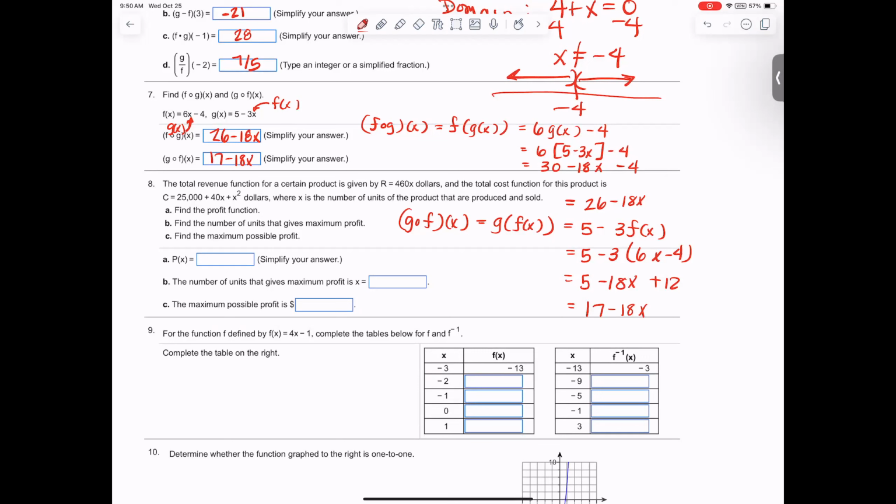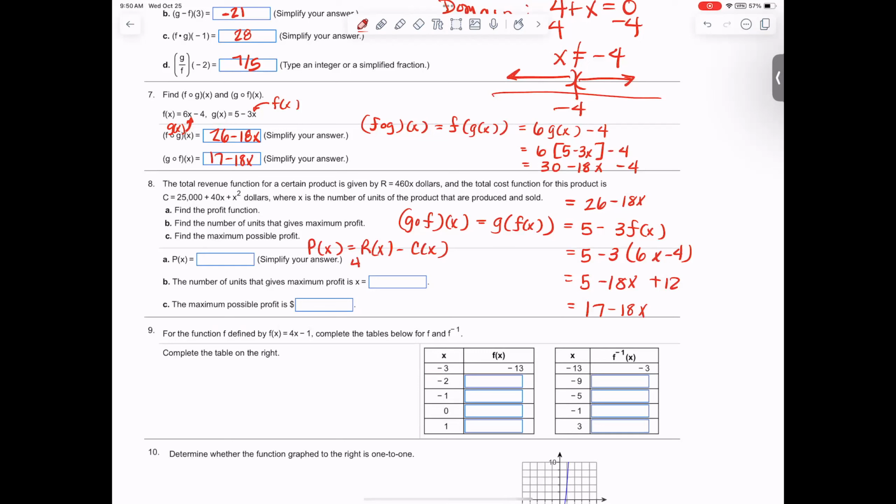Profit is revenue minus cost. That is the difference function. So we're just going to subtract those two functions.